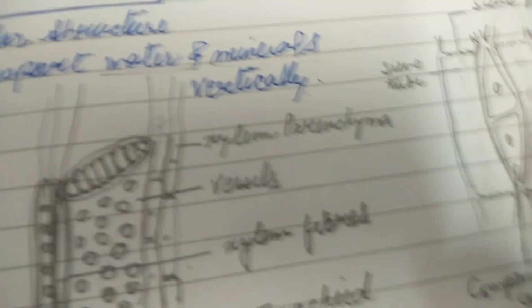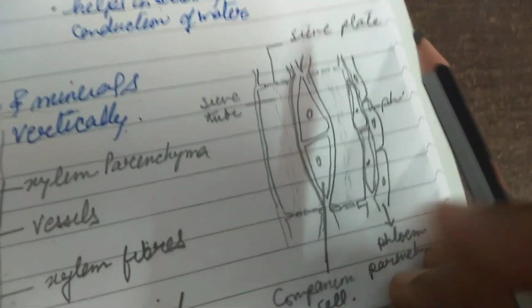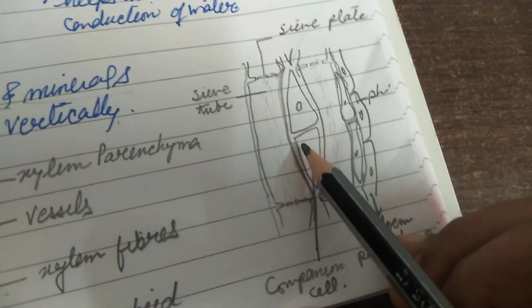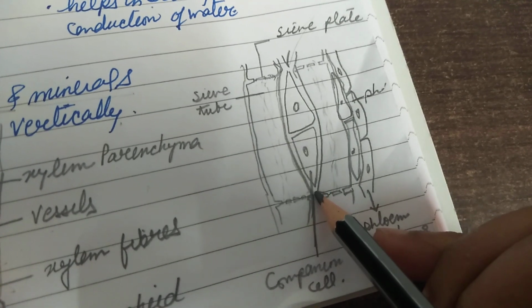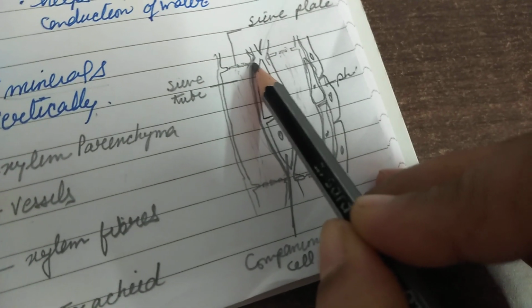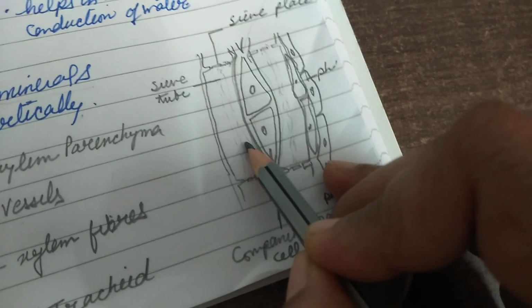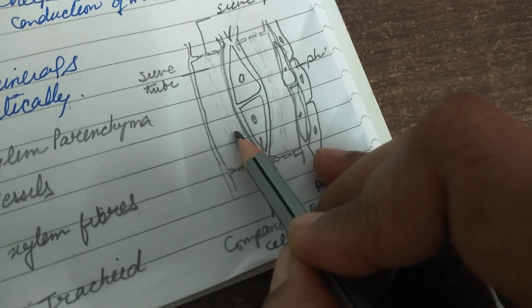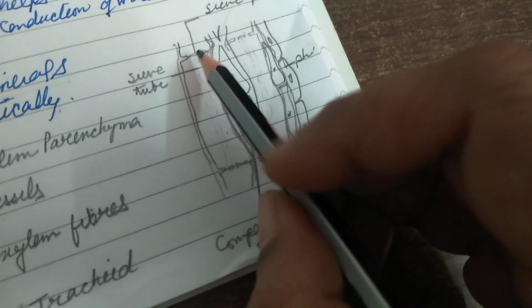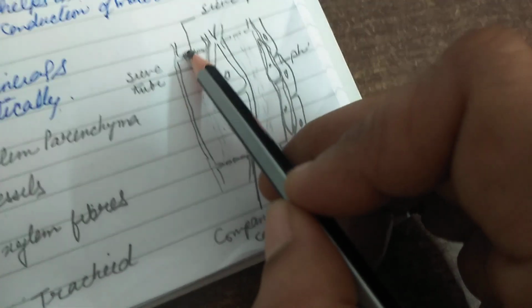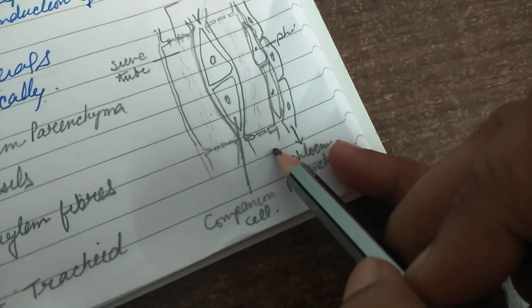Right? If you see xylem as a whole and phloem as a whole, the structure of phloem is like this. See, this is a companion cell. Clear? And this is a sieve tube. It's tube-like with a sieve plate where there are pores or perforations so that things can move in both directions. Right?